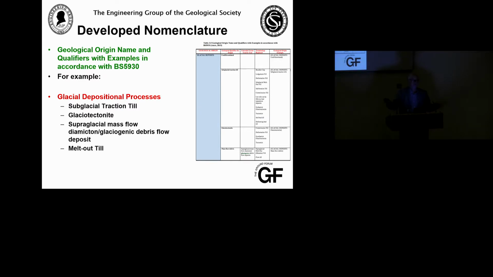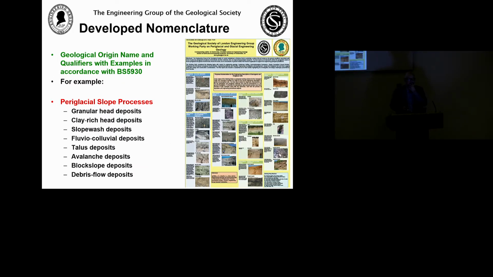So rather than the about 25 different labels for glaciogenic deposits we started with, we've now got 4 that we define. 1 very, very rare, and 3 really quite common in terms of what we might find in a terrain. So we've given the engineering geologist a tool to actually be able to classify these and understand their genesis and understand their significance. And again, similarly, we did this with periglacial deposits.